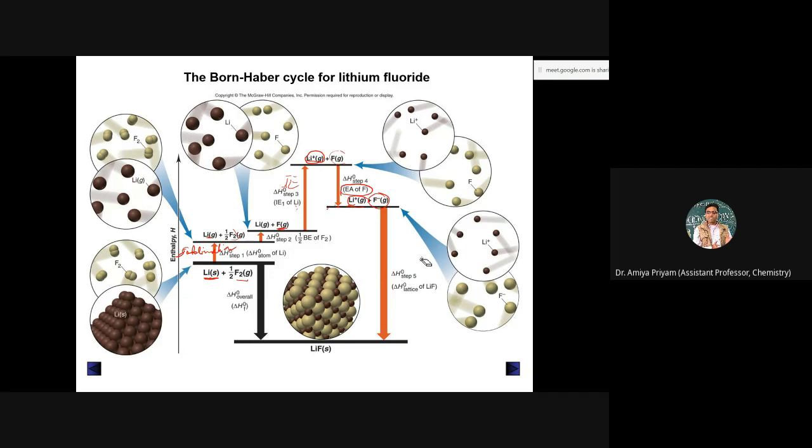This is the representation of LiF solid, lithium fluoride. Once this happens, a large amount of energy is released. So whenever you are drawing this, you always draw it with a bigger arrow. When you are answering a question or drawing a scheme like this, let the arrows speak for themselves.